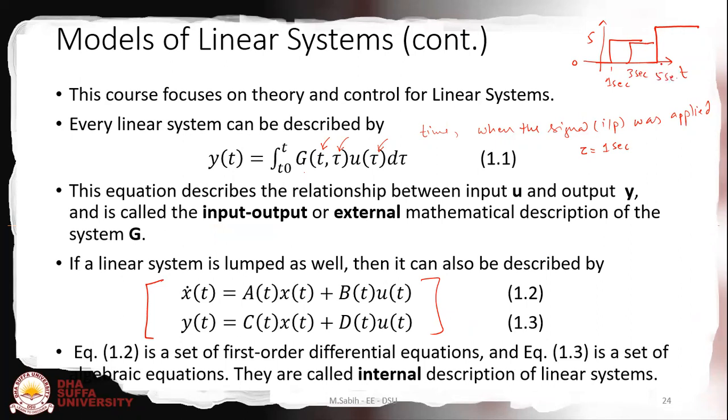So in every case, your output will be different. The system will behave differently for the same signal applied at different times. So that's why we use a comma. So it is an independent one.